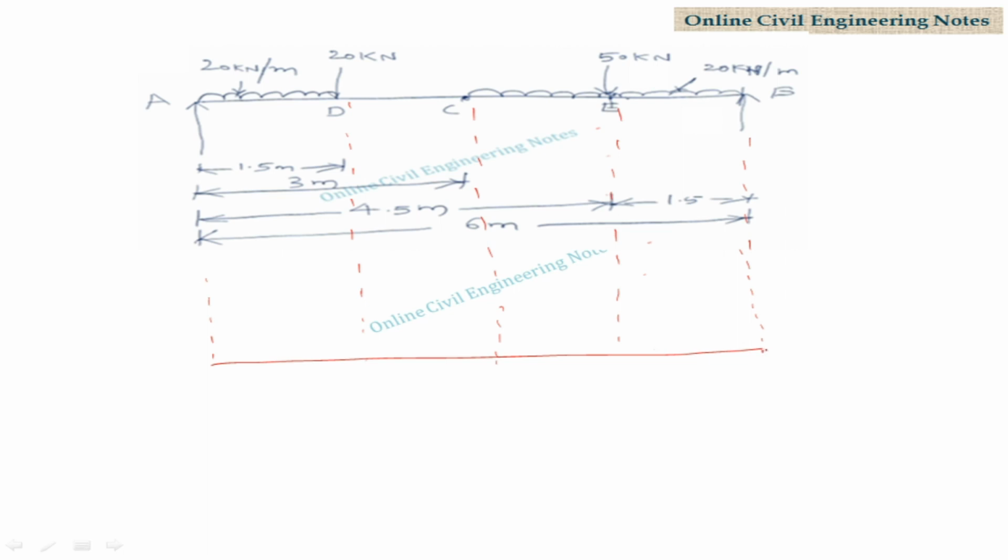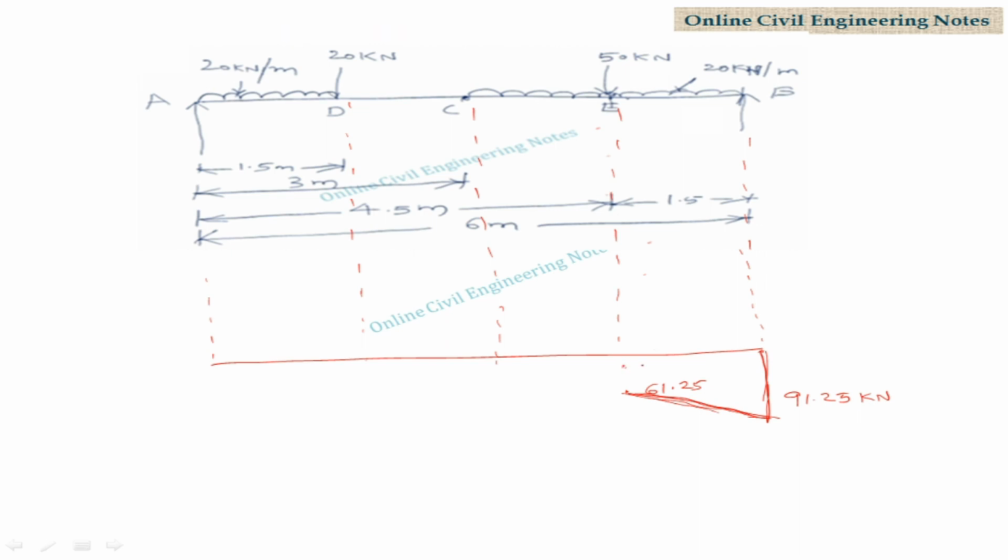So write the value here, draw the line below the shear force line, that is 91.25 kilonewton. Shear force at right side of E is minus 61.25, right here 61.25. This is a straight line. Shear force just to left of E is minus 11.25.